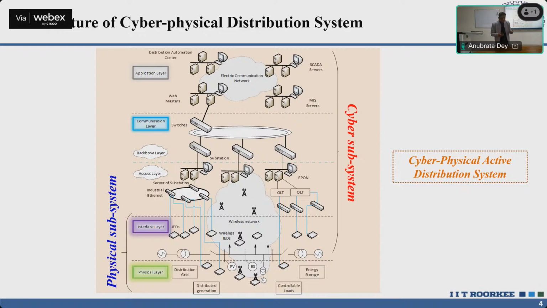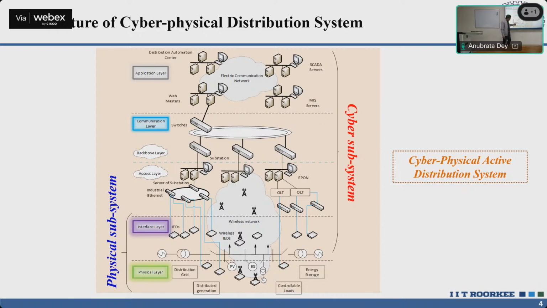You can even connect conventional transformers and other devices already there at distribution level, all transformers, switches, right? And they acquire the data using, let's say, CTPT or sensors or whatever it is. So that is nothing but your physical layer.